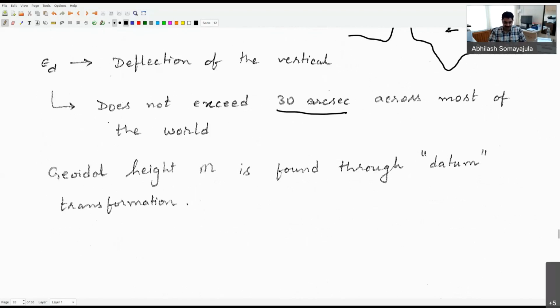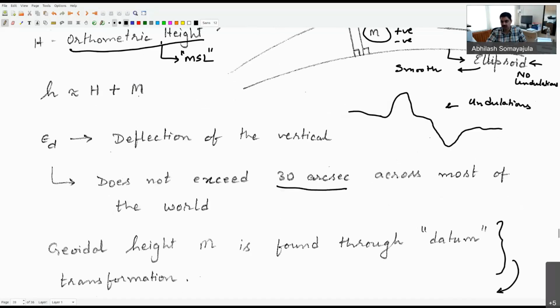So this geoidal height is formed through what is known as a datum transformation, which is usually seen in surveying applications. We'll not be spending much time to discuss what this process is and how that happens, because it's not much relevant for us. It's just for the sake of information completeness that we have covered this height transformation.